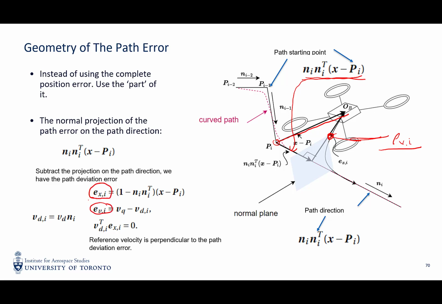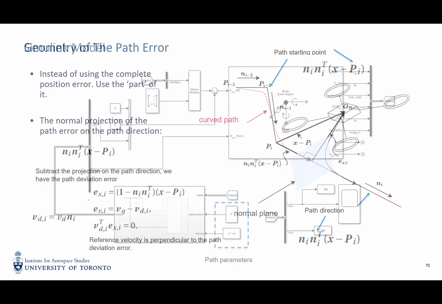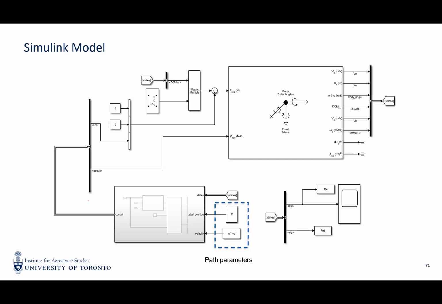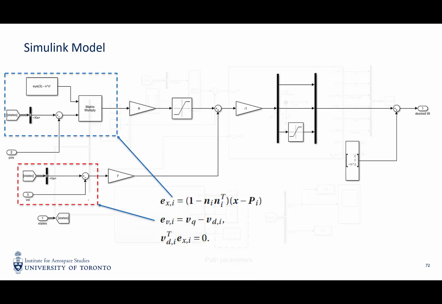velocity error to construct our cascade controller. Here is a Simulink model. The difference between the path following controller and the position stability controller is that now we need to take into account the identity matrix minus N times N transpose.